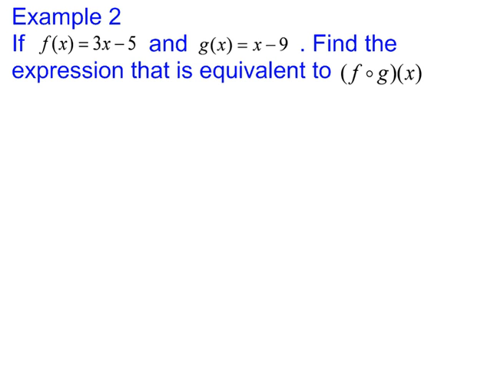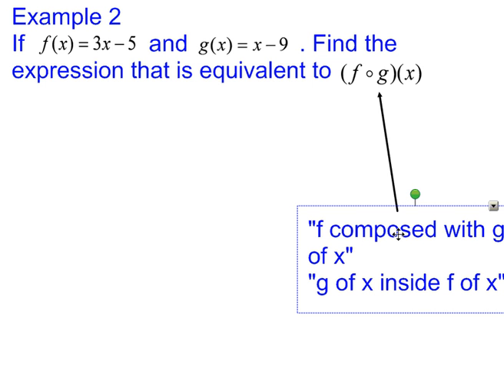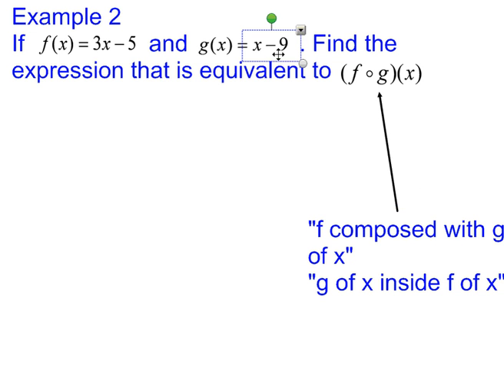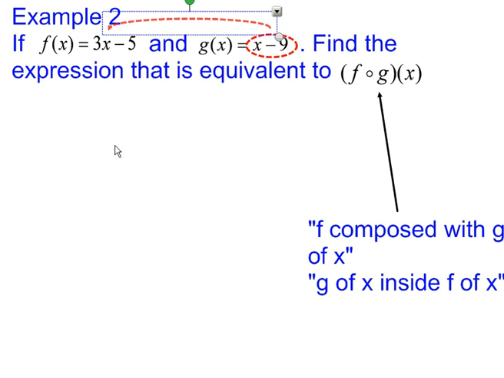So essentially what this f composed with g of x business means is that we're going to take g of x and just put it inside f of x. So we're going to take g of x, which is x minus 9, and we're going to put that inside f of x. And that's going to give us the expression that is equivalent to f composed with g of x.